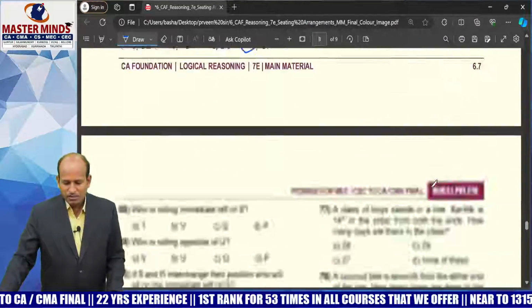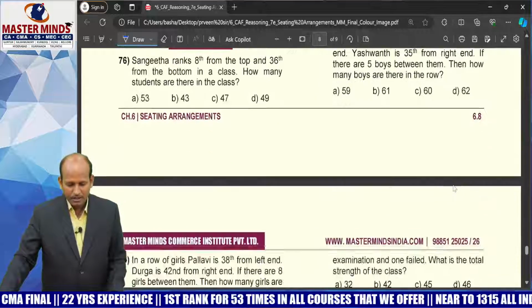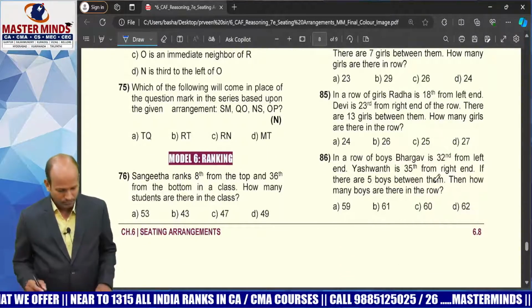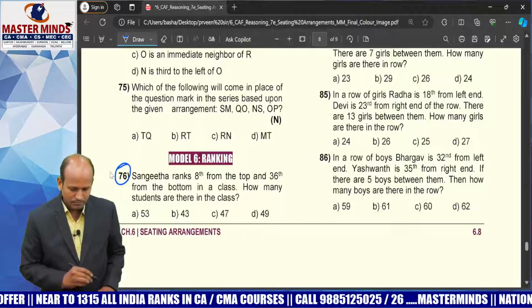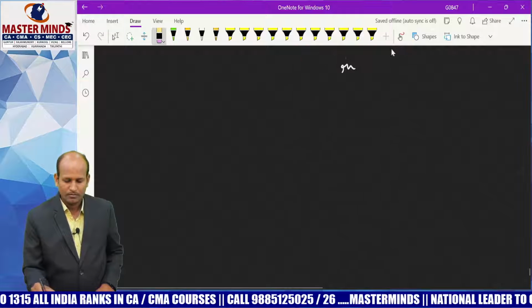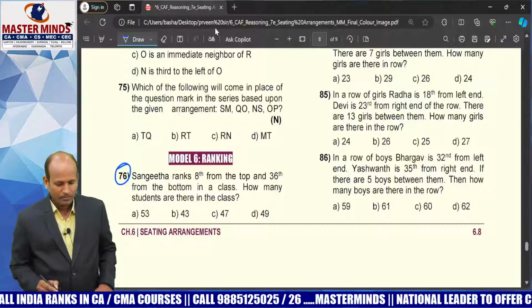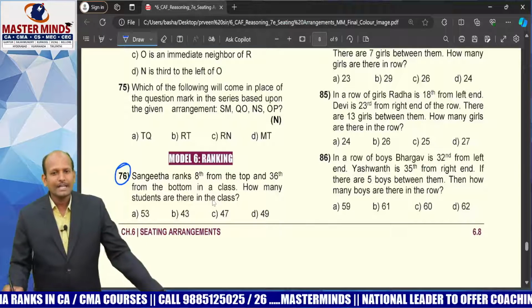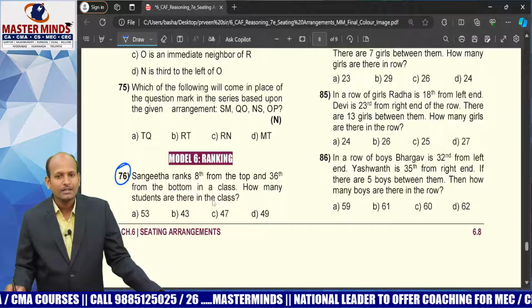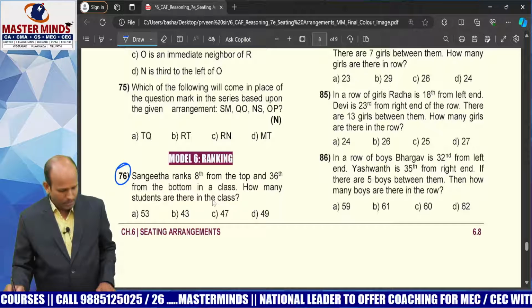So now the last model of our seating arrangement is ranking. Next, ranking. See this question. Sangeeta is 8th from the top and 36th from the bottom of a class. Then find how many students are there.